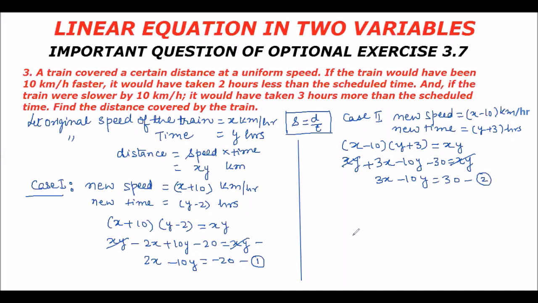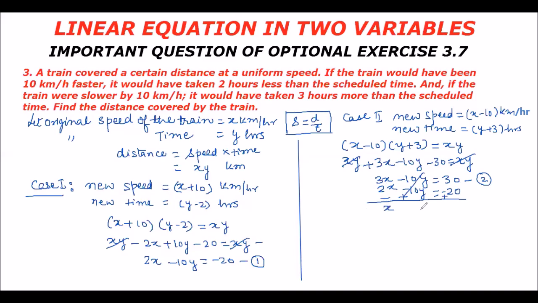Let's eliminate the two equations and get the answer. So this is 2x minus 10y is equal to minus 20. When you eliminate, you have to subtract the equations. So when you subtract, y will be cancelled.